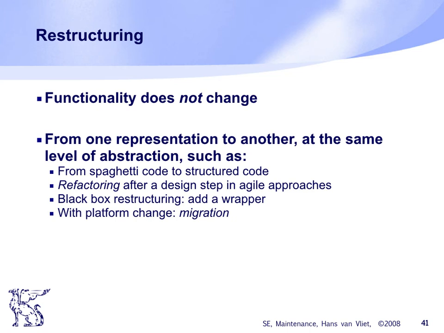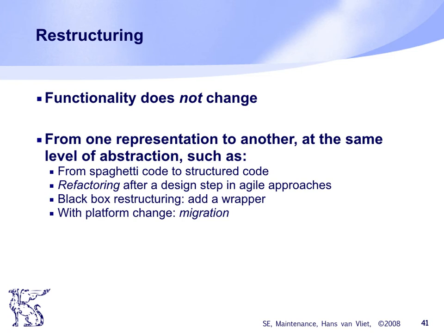In restructuring, we will not work with functionality, but in re-engineering, the functionality will be changed. So here, from one representation to another. The first one is the transformation of spaghetti-like code to structured code.